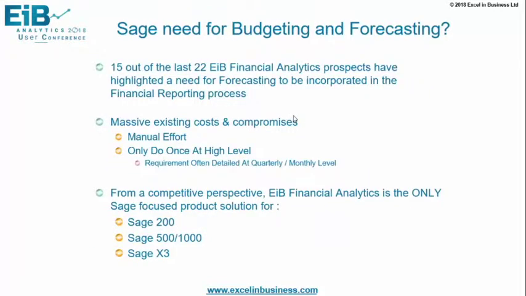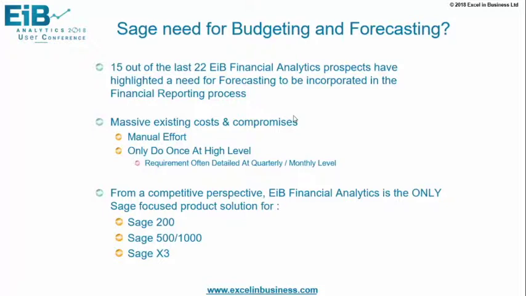So if I look at that closer to home, interestingly enough, about 15 of our last 22 prospects who have been looking at financial reporting have highlighted the need for forecasting as well to be included as part of that process. That's very different from 2-3 years ago, when probably only 5 out of 20, if that, would request that same thing.